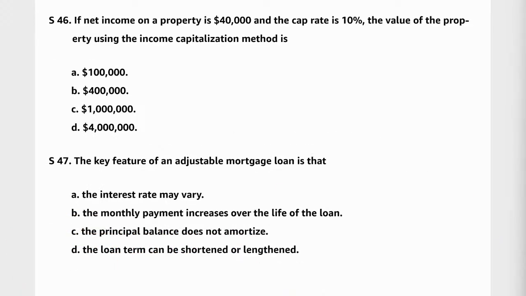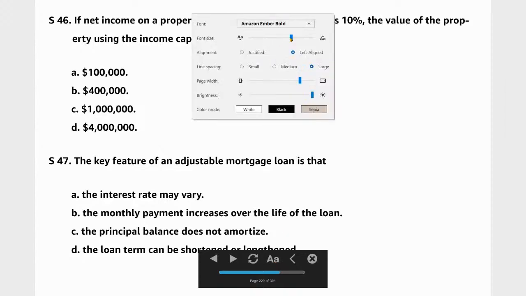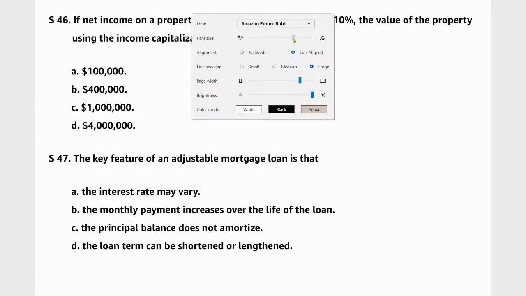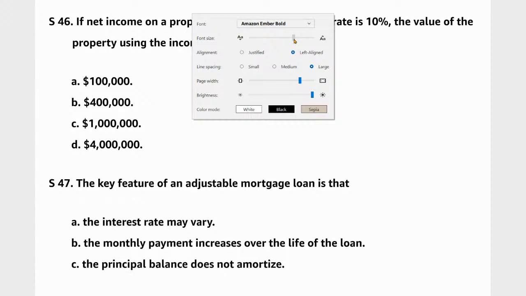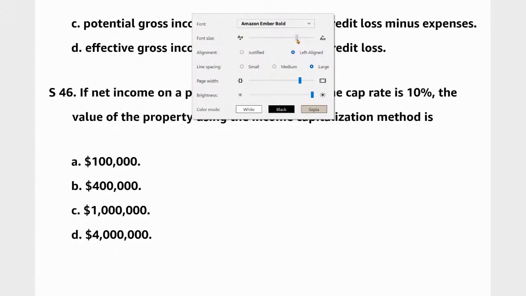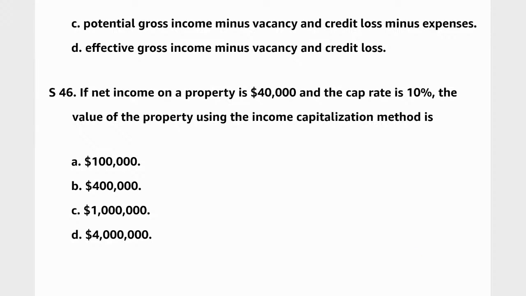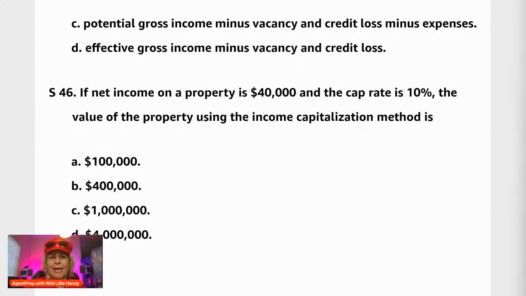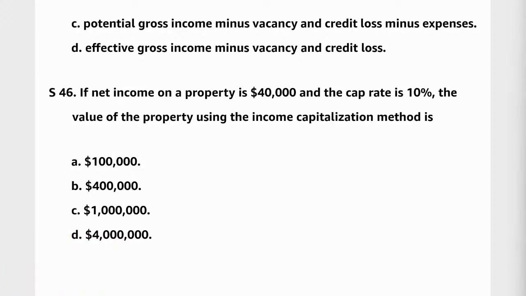Number 46. If net income on a property is 40,000, net income, remember, after all expenses, and the cap rate is 10%, the value of the property using the income capitalization method is A, 100,000, B, 400,000, C, 1 million, or D, 4 million.